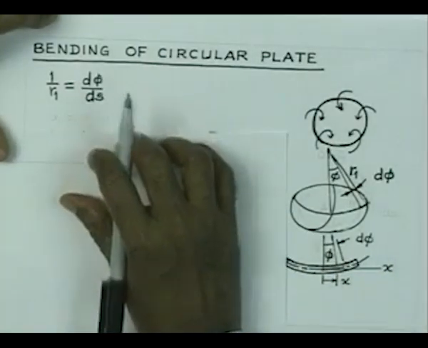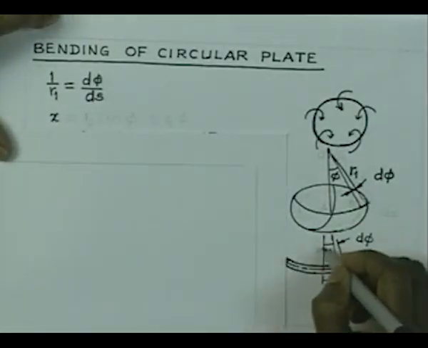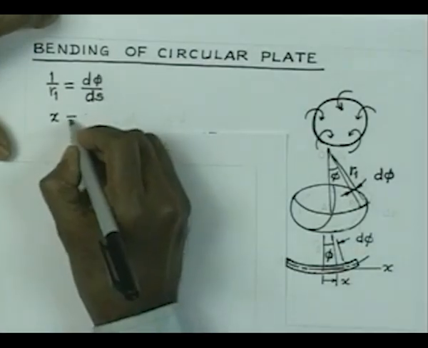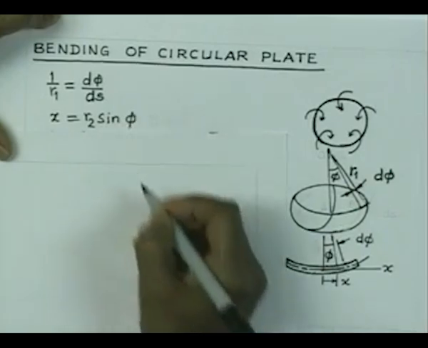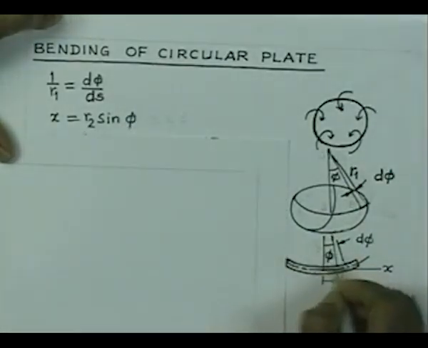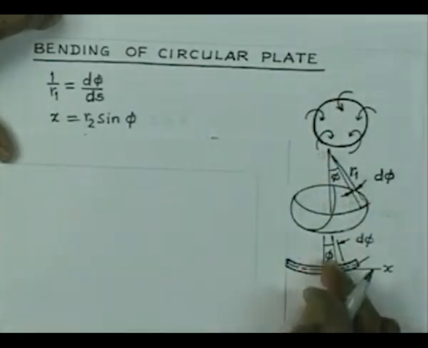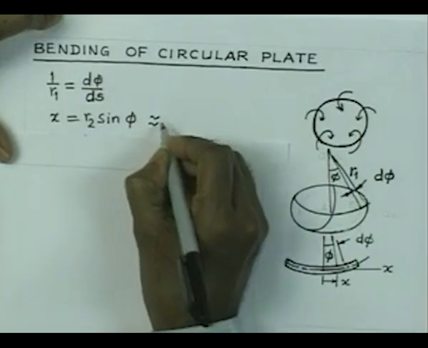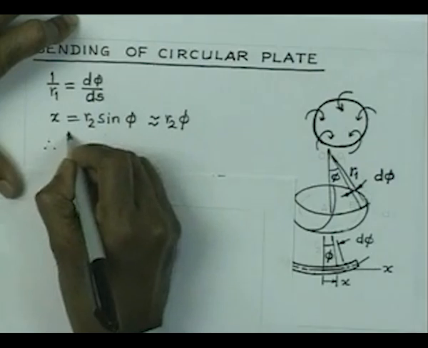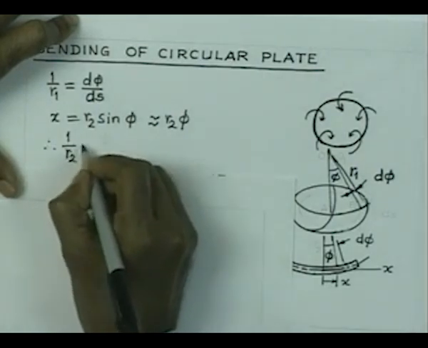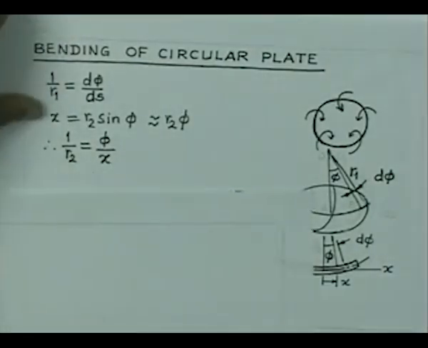So, if this portion has taken a curvature equal to R2, then this x is nothing but R2 sin phi. Since the plate deformation is very small, this radius of curvature is going to be very large and this angle is very small. So, we can write this as approximately equal to R2 into phi. Therefore, this curvature 1 by R2 is equal to phi by x. So, that is the second curvature.